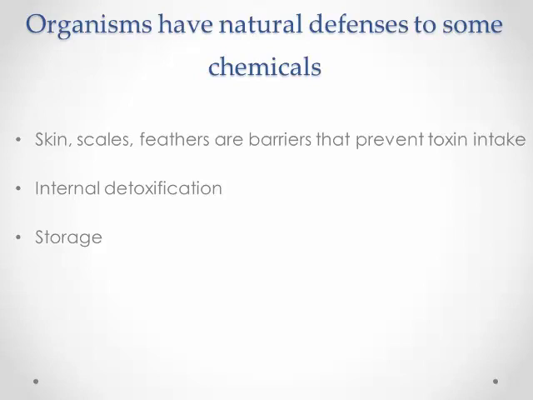Examples of compounds stored in the fatty tissues include heavy metals, dioxins, and some insecticides, such as DDT. Even if an organism does have a detoxification system for a particular toxin, defenses can be overwhelmed if levels get too high. Other toxicants are harmful at any level. Organisms have no natural defense against synthetics and effects can be severe and unpredictable, which is why we must be careful when we develop new chemicals.